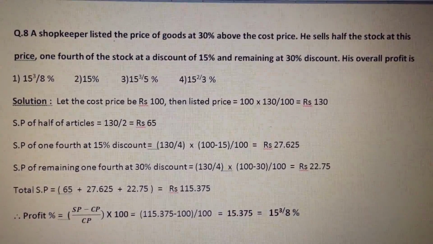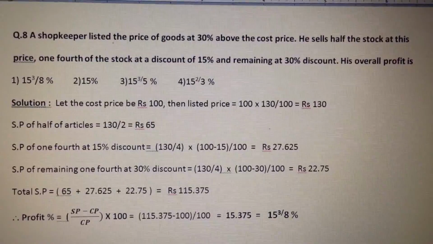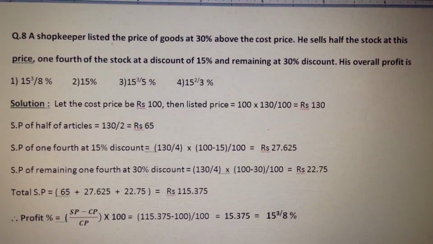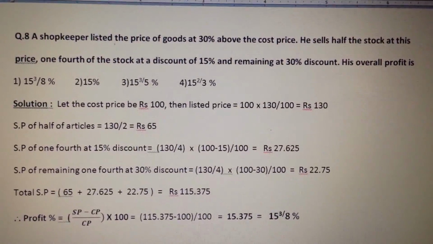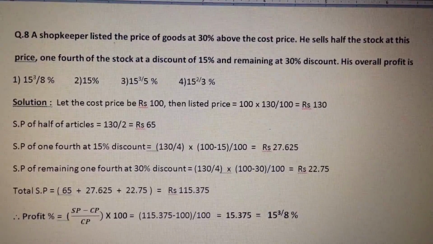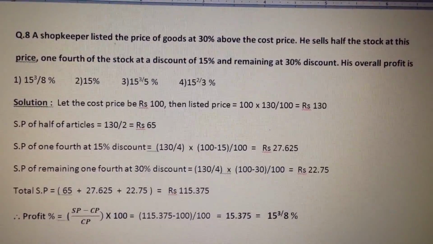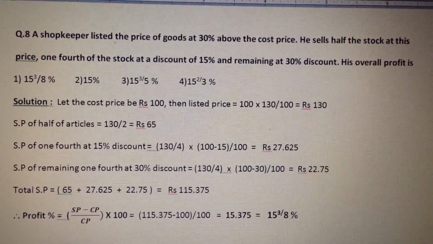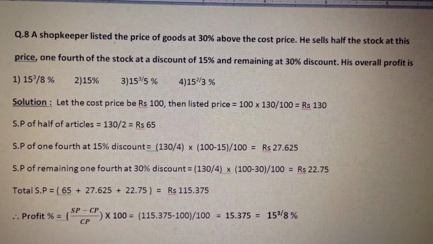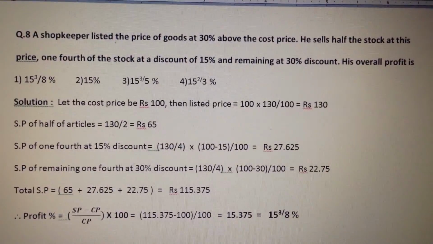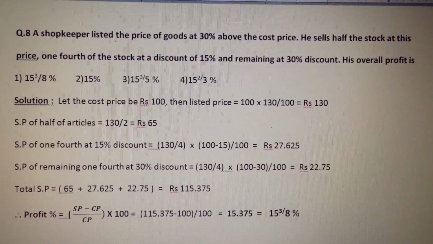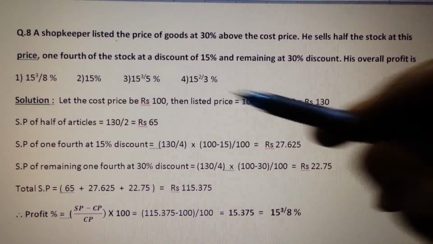Next question. A shopkeeper listed the price of goods at 30% above the cost price. He sells half the stock at this price, 1/4 of the stock at a discount of 15% and the remaining at a 30% discount. What is his overall profit? Now let us assume that the cost price is rupees 100.